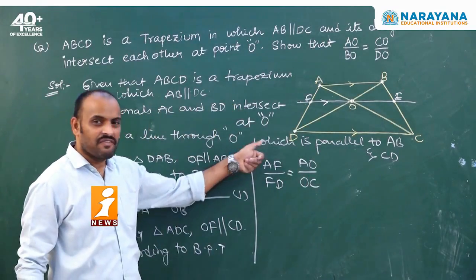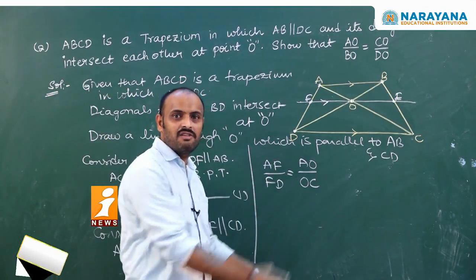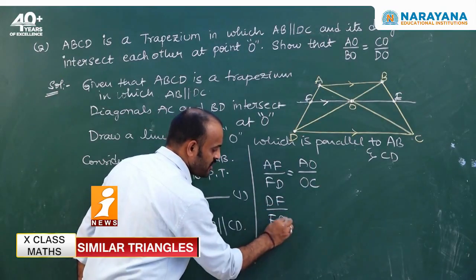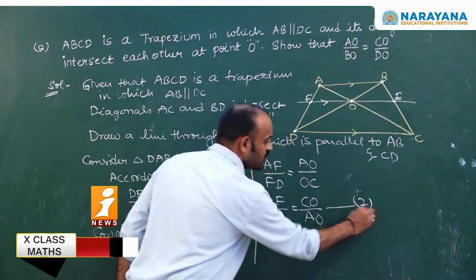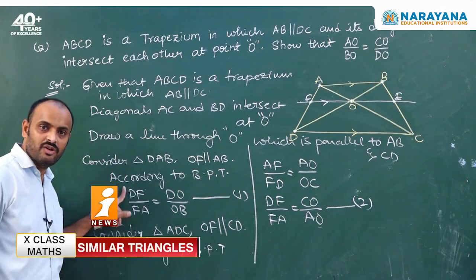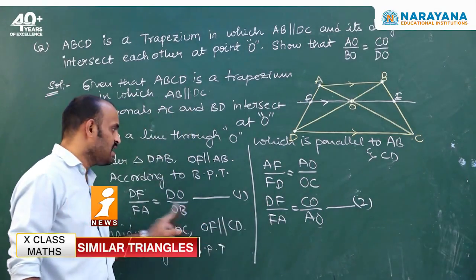If I reciprocate the left hand side, the right hand side will also be reciprocated. DF by FA is equals to CO by AO. The reason behind reciprocating is, here also I have DF by FA, no? Here also if I have DF by FA, then only I can equate them.